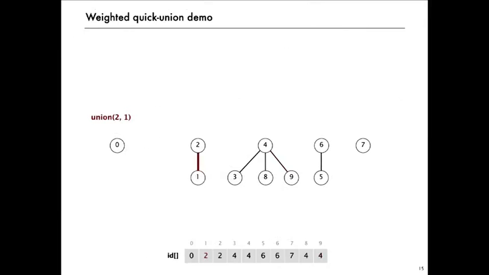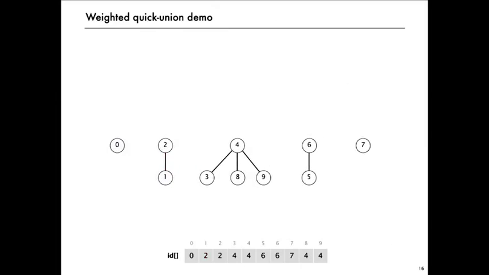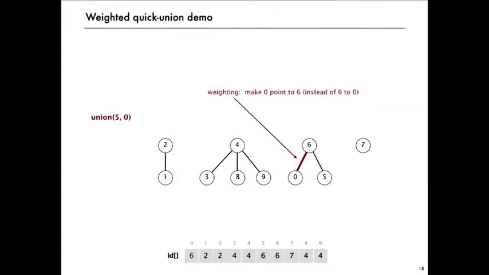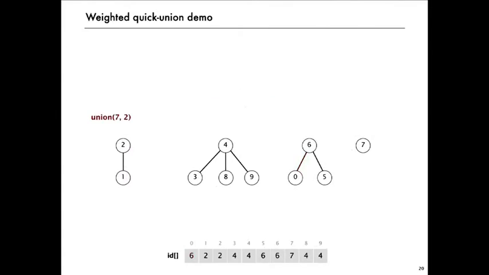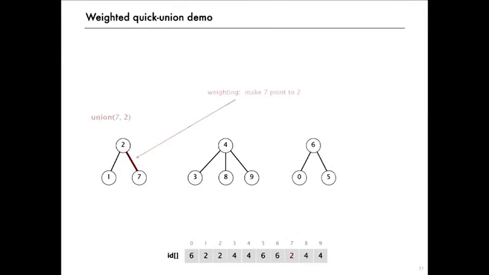2 and 1. 5 and 0. Now 5's in the bigger tree, so 0 goes below. 7 and 2. 2's in the bigger tree, so 7 goes below. 6 and 1.